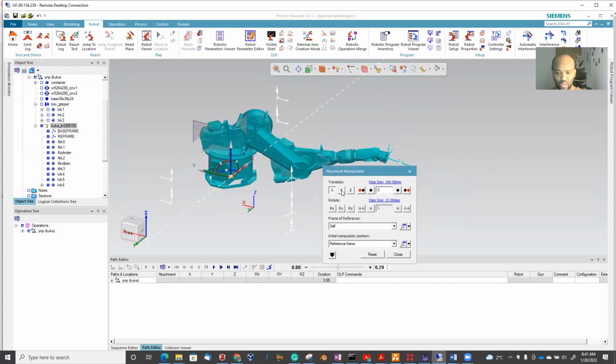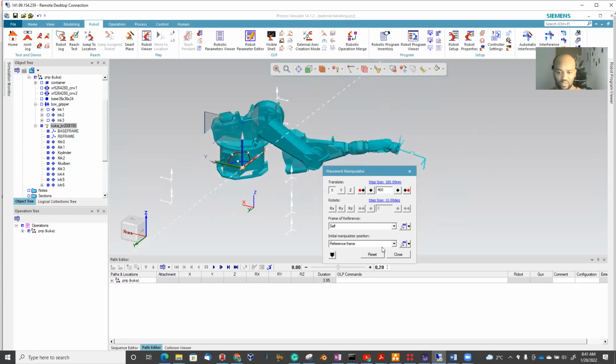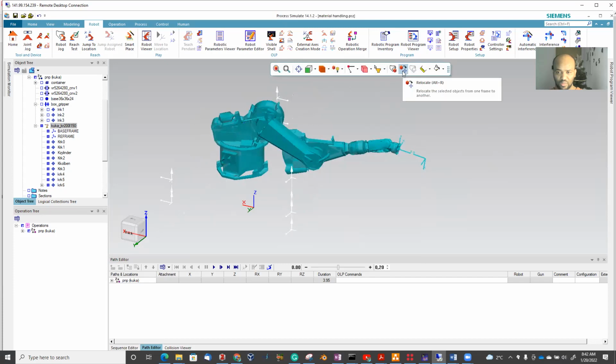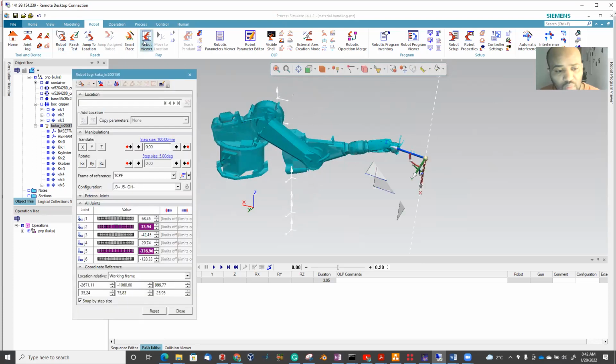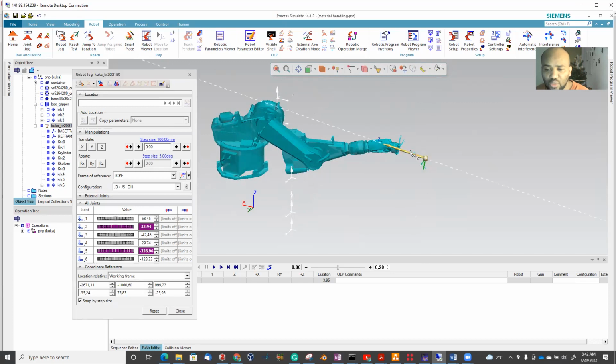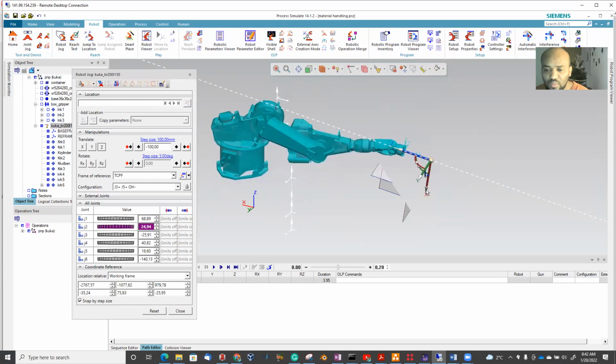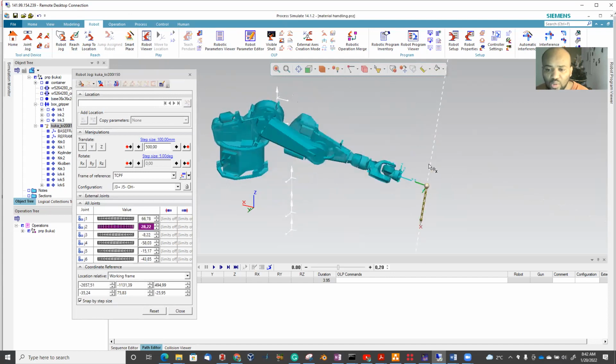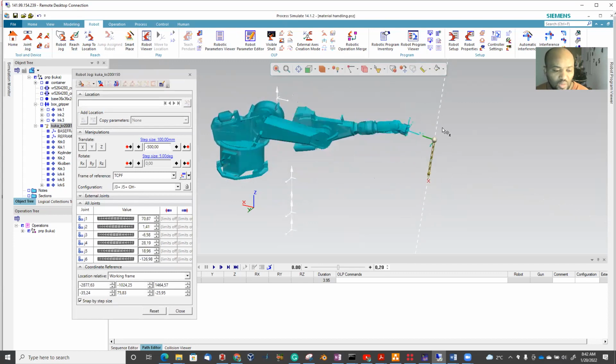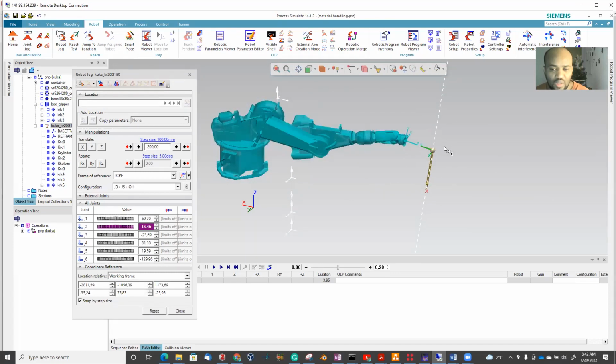Now, if you see, I could only translate along the x-axis. Now I could control the robot motion only through the TCP.